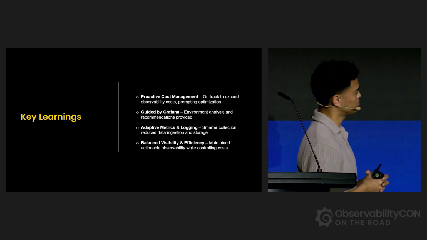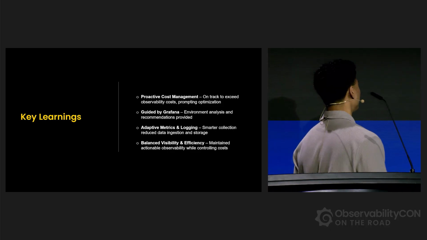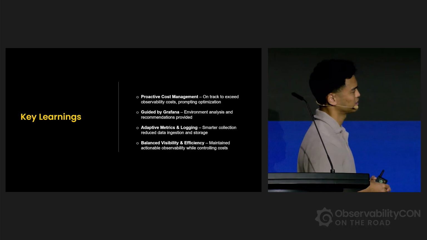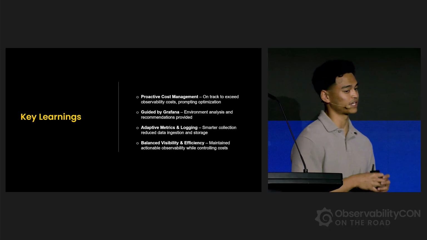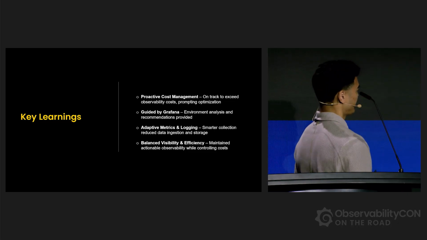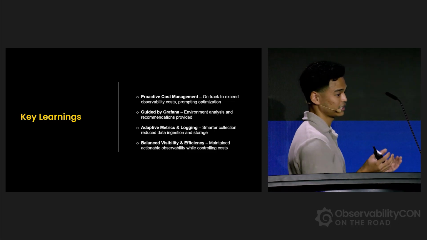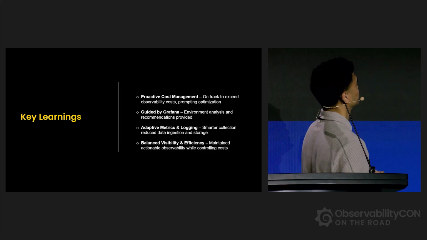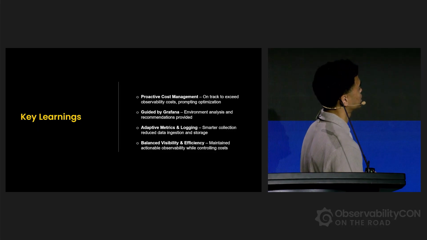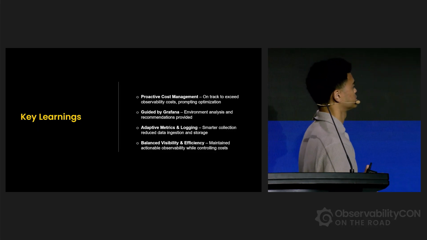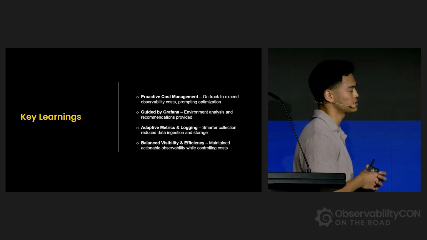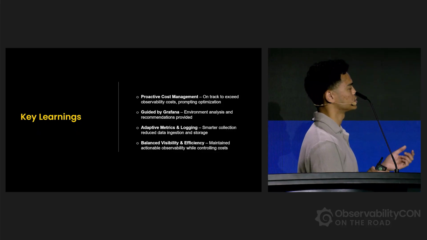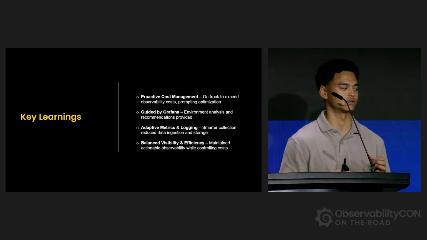Some key learnings with the migration. At the beginning, we started ingesting basically anything and everything. It caused a very big spike in our costs. We then enabled adaptive logging and adaptive metrics to be able to toggle our telemetry on and off on demand.